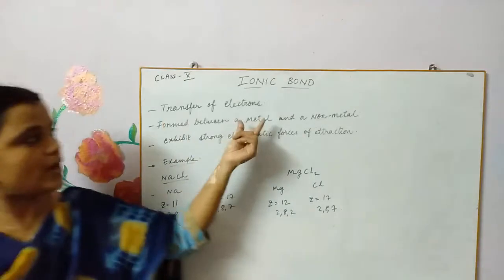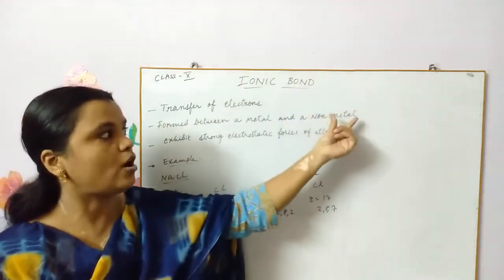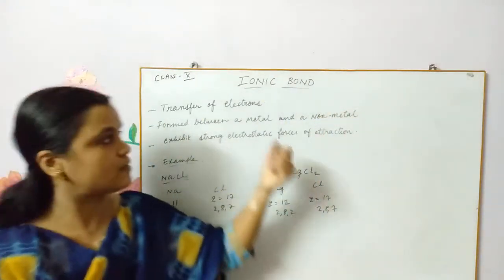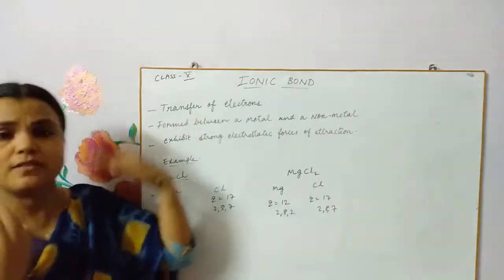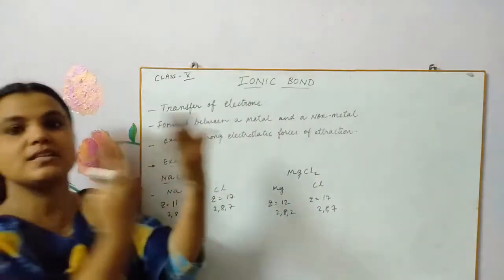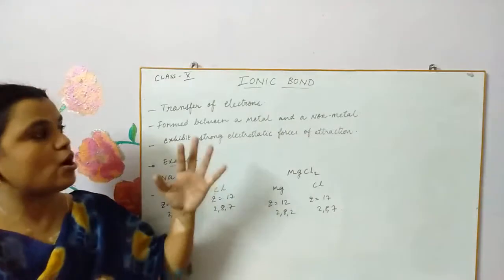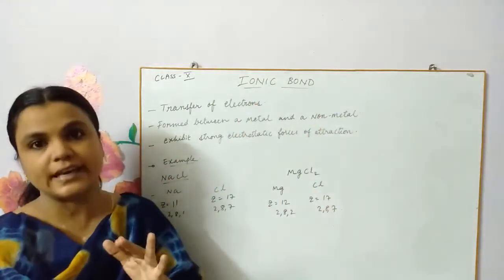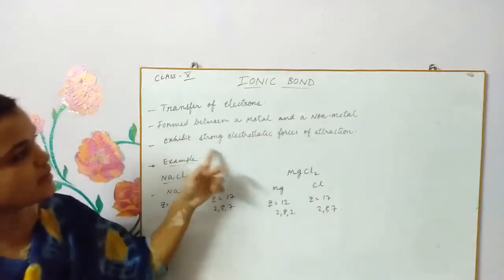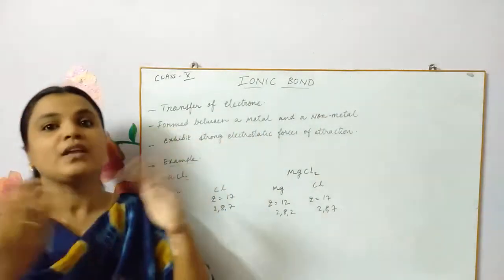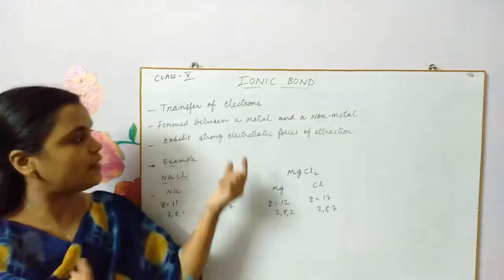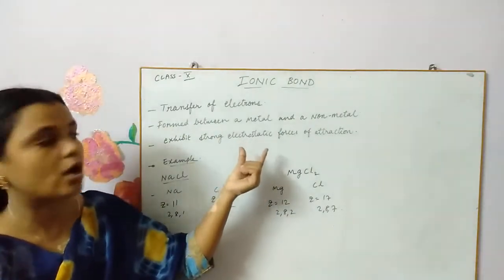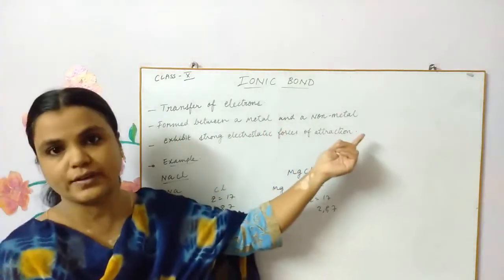So now here this metal gives away an electron and a non-metal takes the electron. That's why there is a transfer of electron happening from a metal to a non-metal, because of which a metal gets a positive charge and a non-metal gets a negative charge. And because of this, what happens? The positive and the negative charges attract each other, and such forces of attraction are called electrostatic forces of attraction.